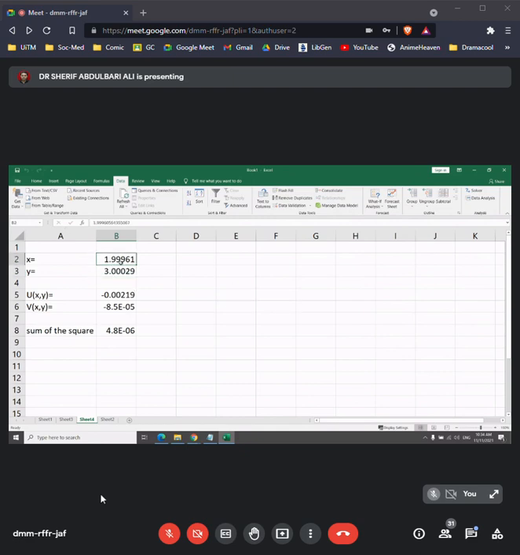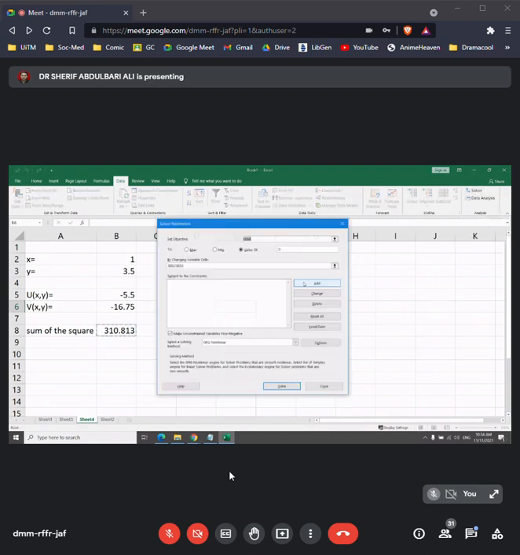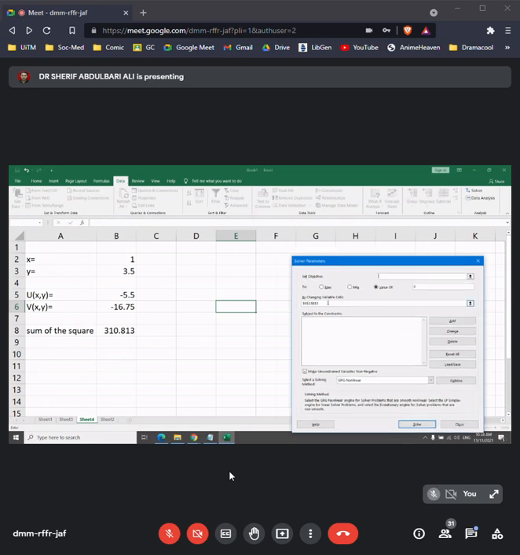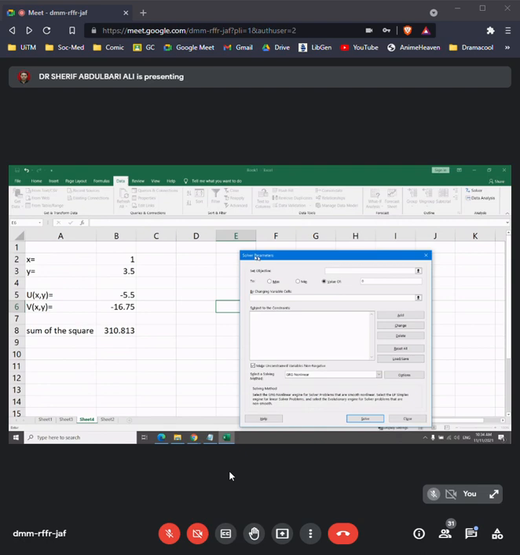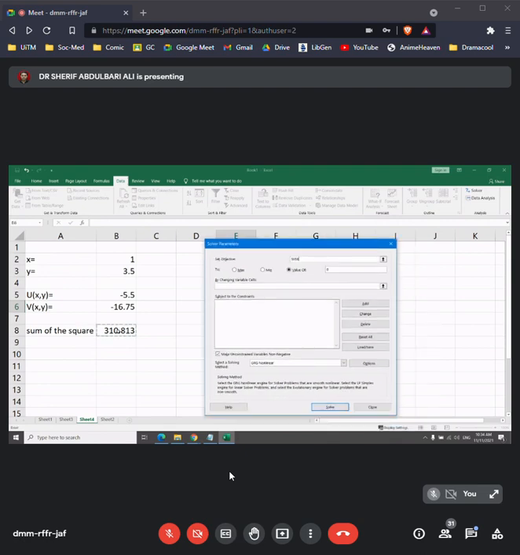I will repeat again. You can say this one is 1, and this one is 3.5. Click on the solver. Your objective function is the sum of the squares.